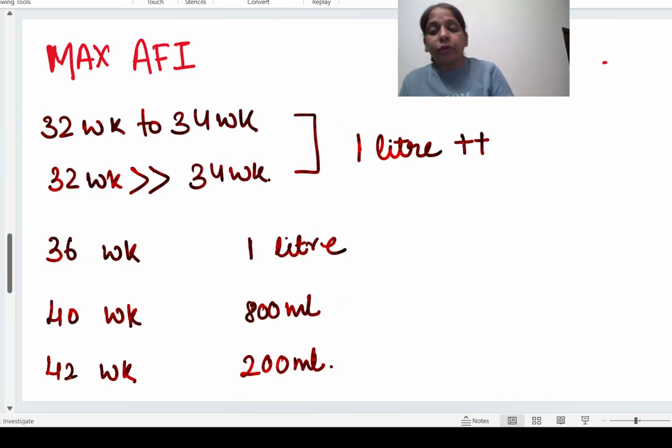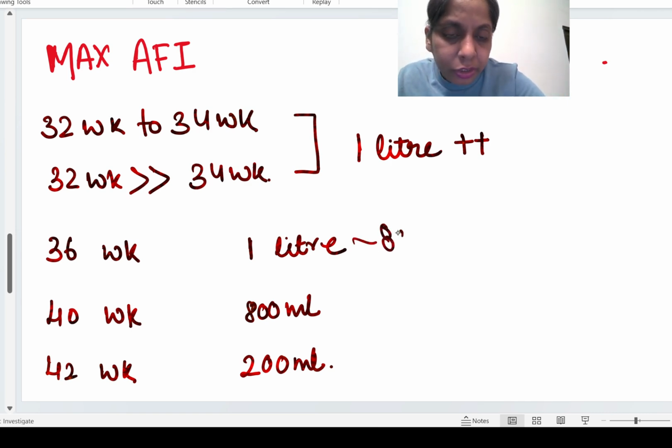Maximum amniotic fluid is at 32 to 34 weeks. So if one option is there, then you have to choose 32 weeks. The amniotic fluid at this range is 1 liter, more than 1 liter. Actually these all are ranges.